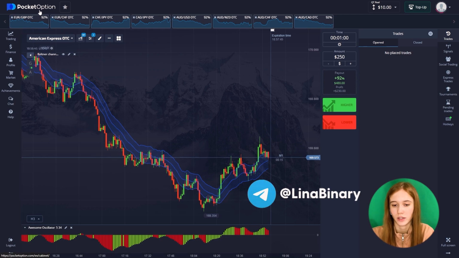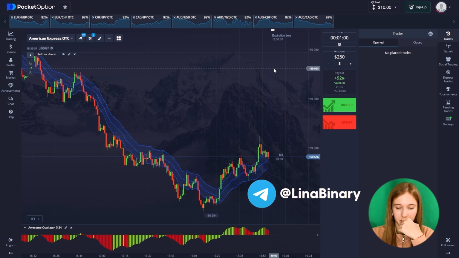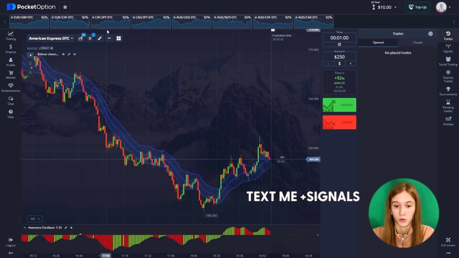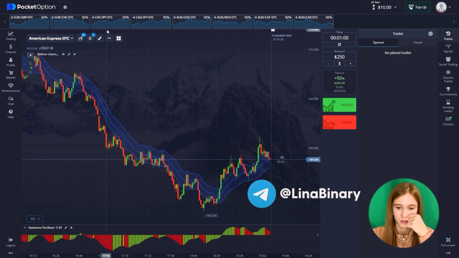So today we will trade on a broker, Pocket Option. $10 is our initial balance. We will try to increase it more than 10 times, I think. Our currency pairs.